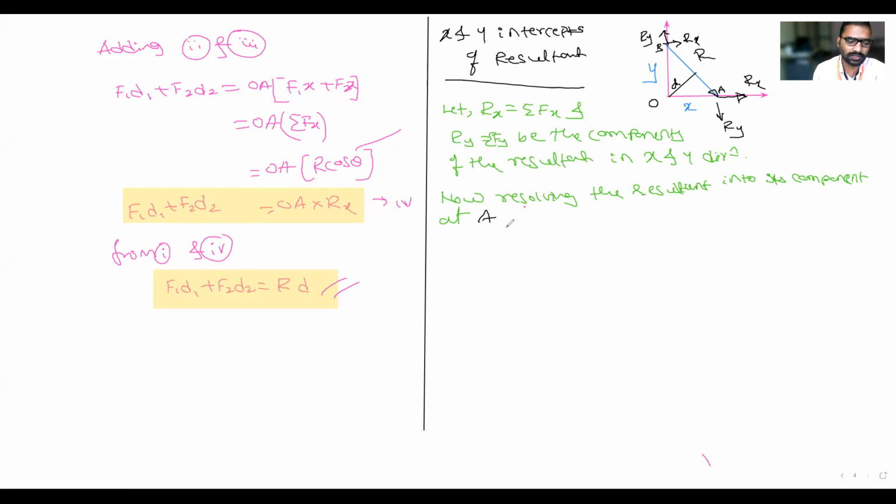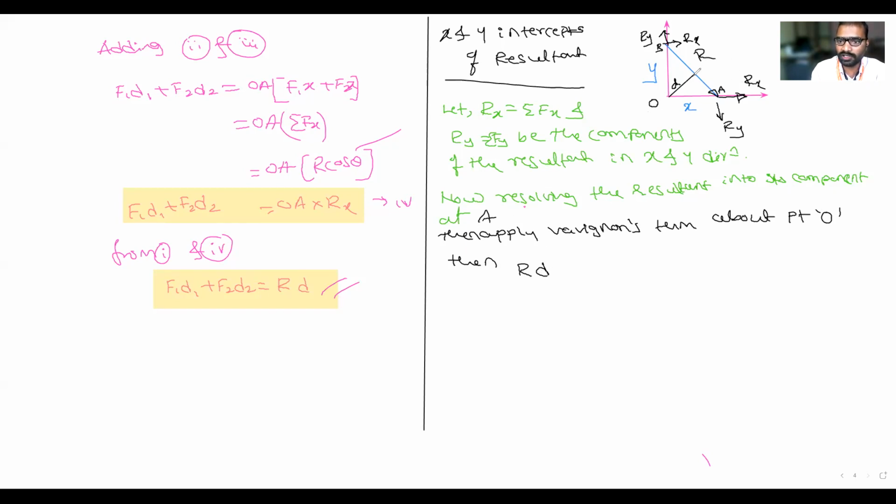Then apply Varignon's theorem about point O. What is Varignon's theorem? Moment of the resultant force.